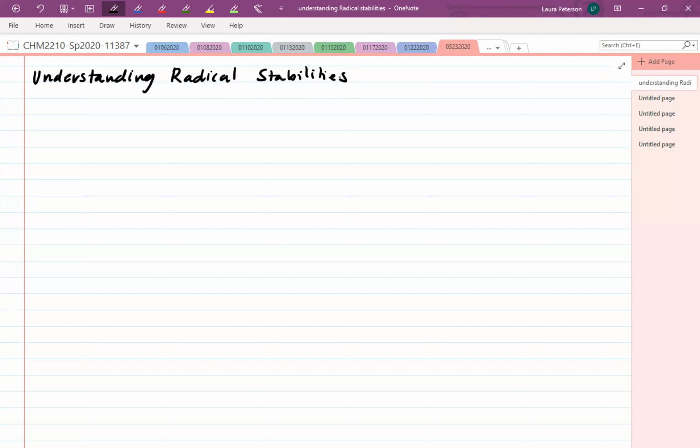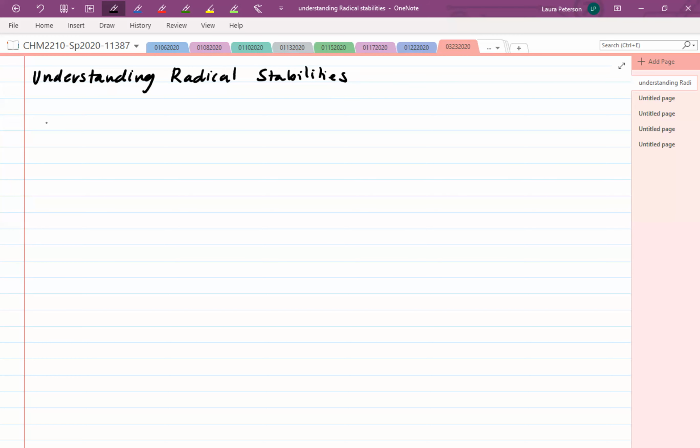You used these back in general chemistry to calculate the delta H of reactions. It turns out that the bond dissociation enthalpy is directly related to the formation of radicals. So what is the bond dissociation enthalpy and how can we use that to understand radical stability?